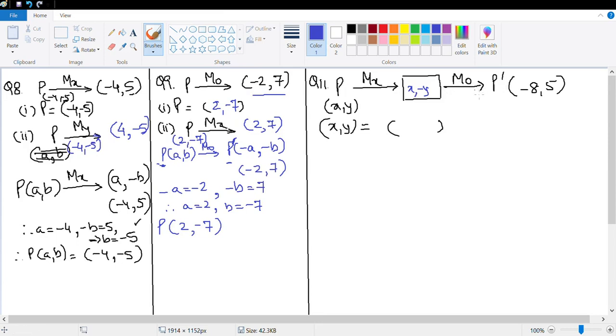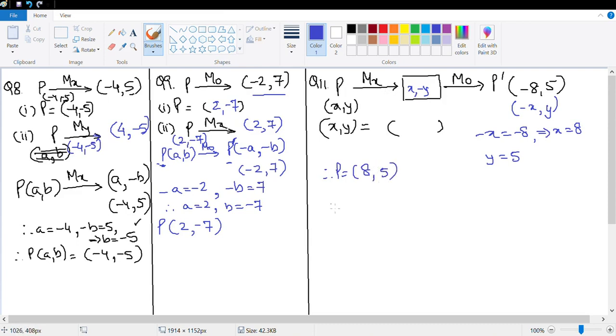You change the sign of both of them, which means this will become -x comma y. And -x comma y is given equal to -8 comma 5. So -x is equal to -8 and y is equal to 5, which means x is equal to 8. Therefore p is equal to 8 comma 5.